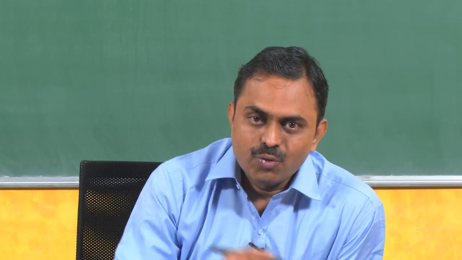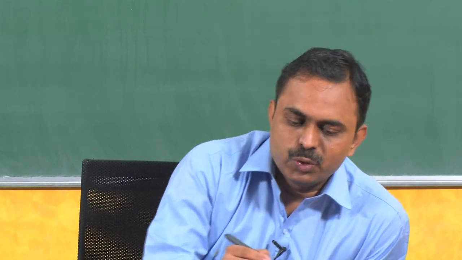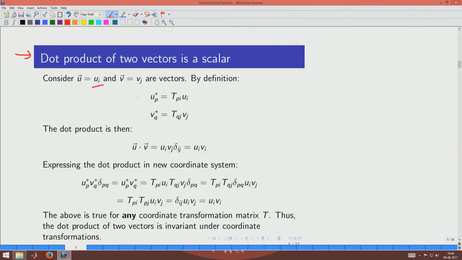First, let us analyze what is provided to us. What is given to us is that u and v are vectors. The moment you say that something is a vector, it means that it follows the definition of a vector. So, this is the definition of u being a vector, and this is the definition of v being a vector. And what is the dot product? In the summation convention, using subscript notation, a dot product is written in this manner.